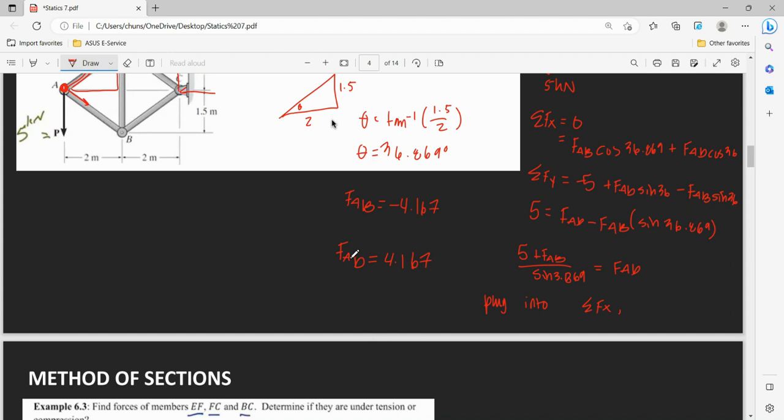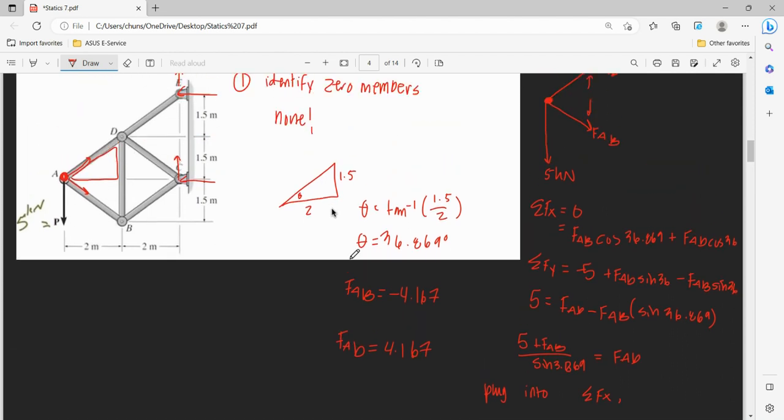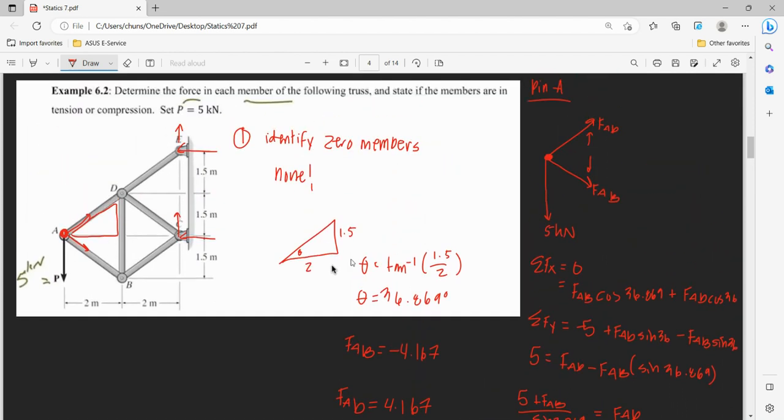What this means for FAB is that the direction we assumed was incorrect. So instead, this will point in this direction, meaning that the beam will be under compression.